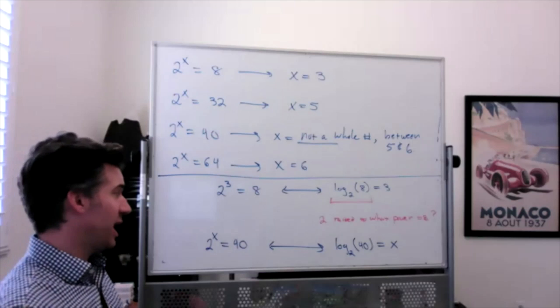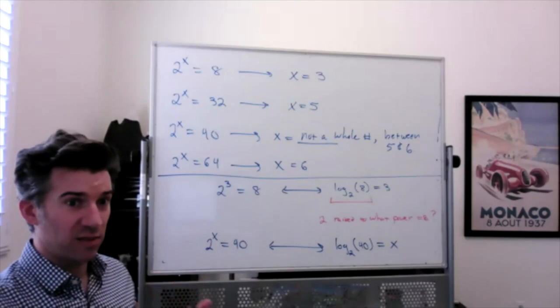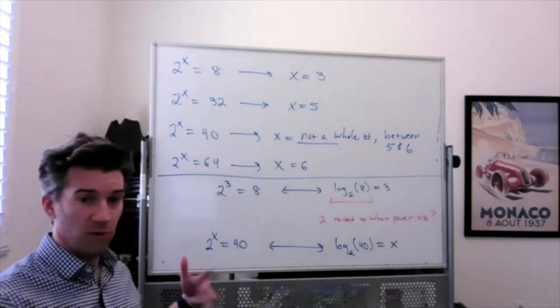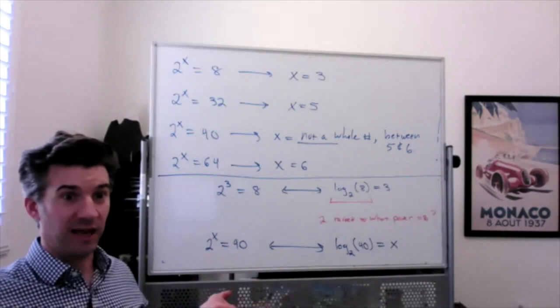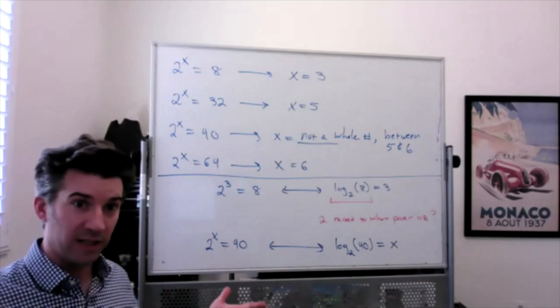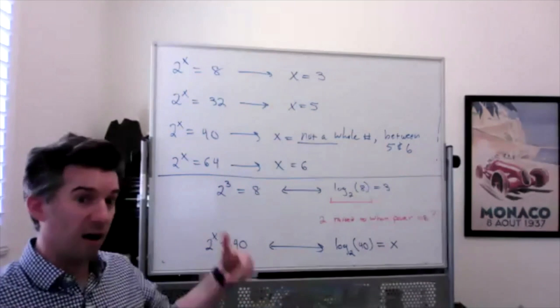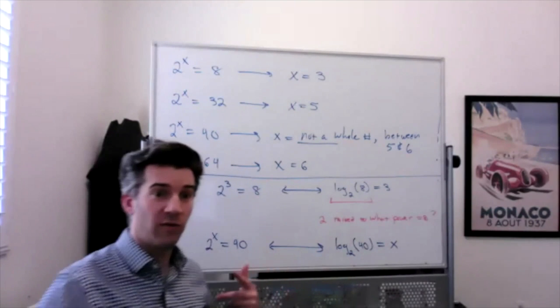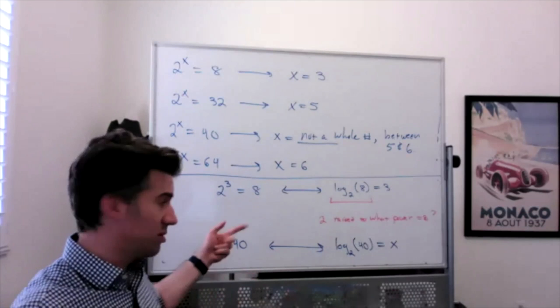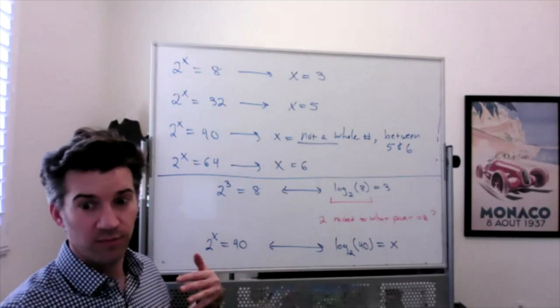You can use a calculator to get a decimal approximation of this, but it's an irrational number, kind of like how the square root of 2 is irrational or pi is irrational. It's got a never-ending, non-repeating decimal. So log base 2 of 40 is the number you raise 2 to get it equal to 40.